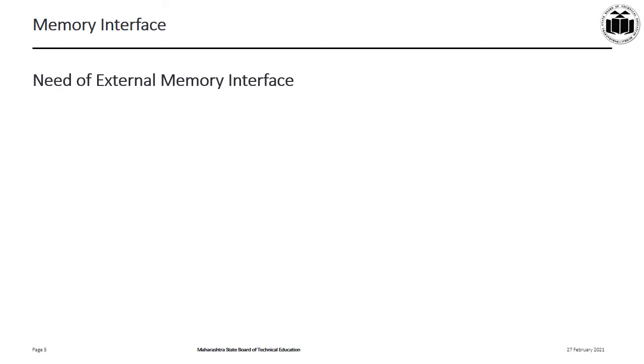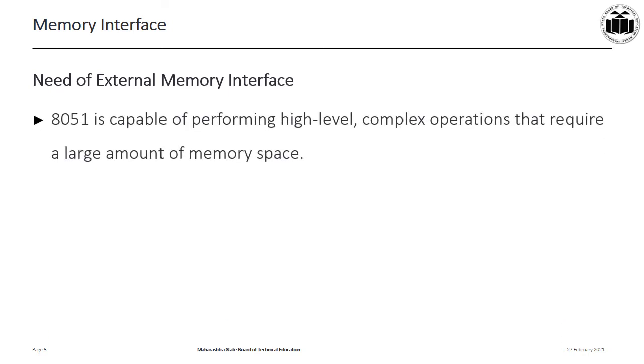Let us look at the need of external memory interface. 8051 is capable of performing high-level complex operation that require large amount of memory space. Now we know that 8051 has on-chip 4 kilobytes of ROM and 128 bytes of RAM.